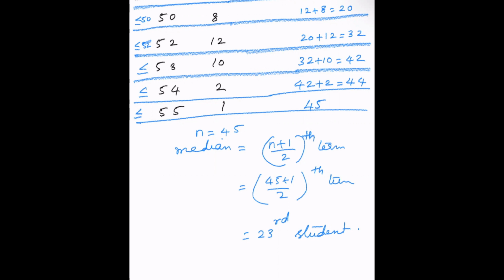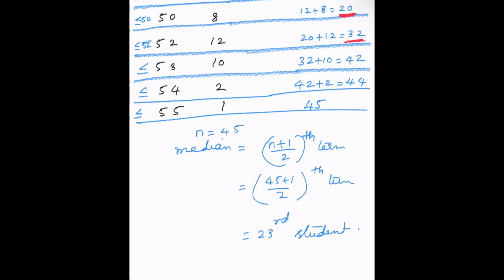Here, can you see that up to 20 students, the weight is less than or equal to 50? Up to 32 students, the weight is less than or equal to 52.